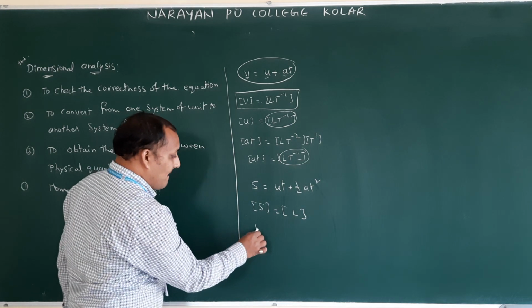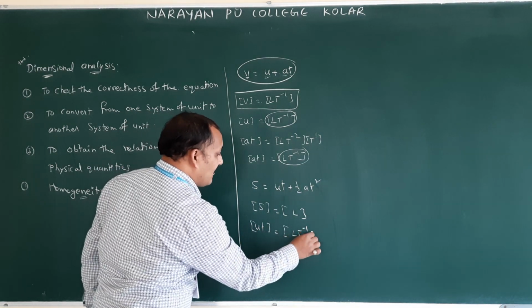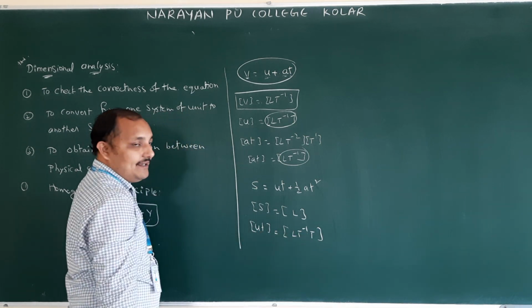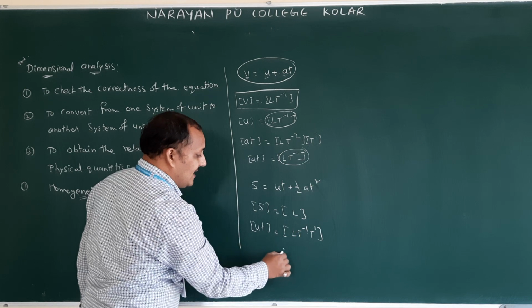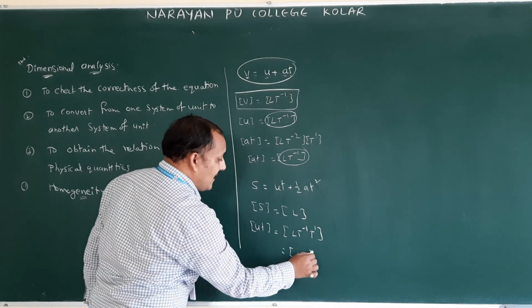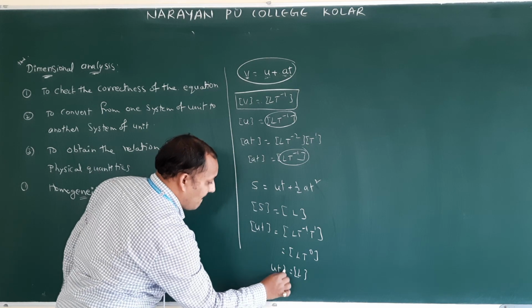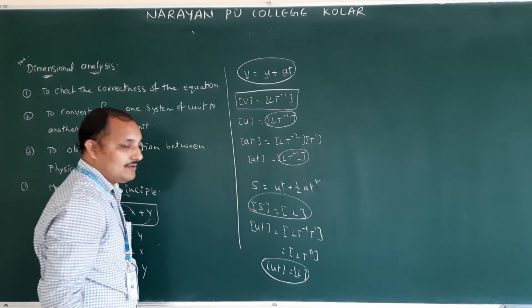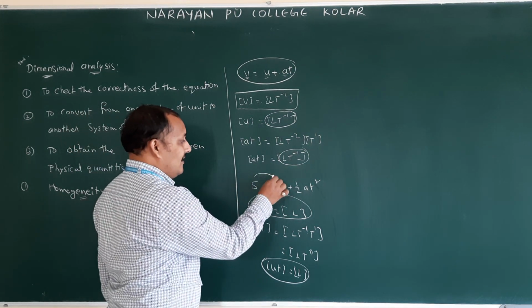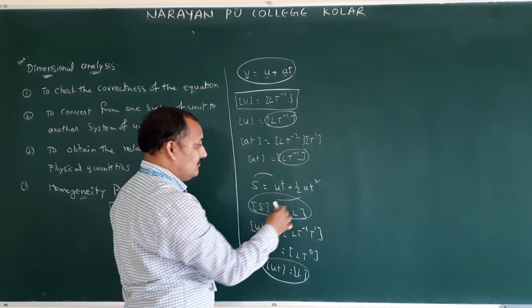We will see ut. What is u? L T power minus 1. What is t? T. Therefore T power 1 minus 1 is 0, so L T power 0, which is equal to L. ut is equal to L, and s is equal to L. Therefore these two are dimensionally equal.